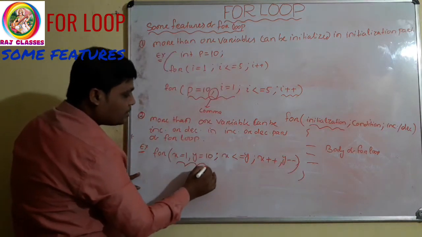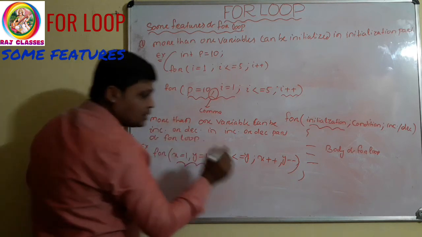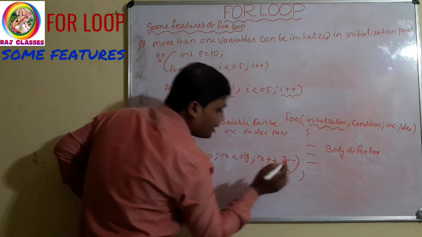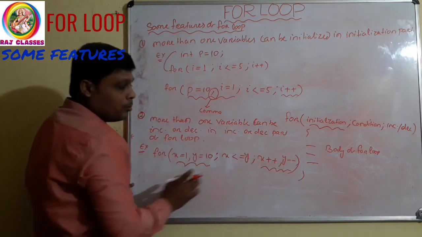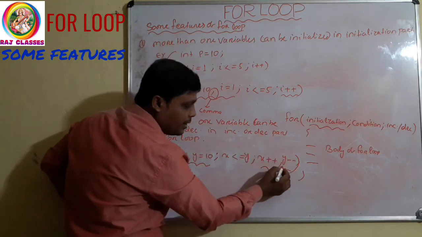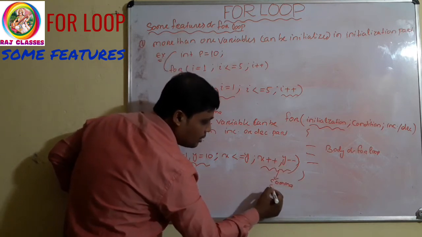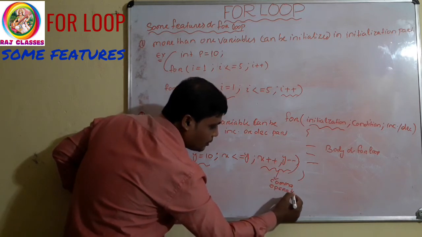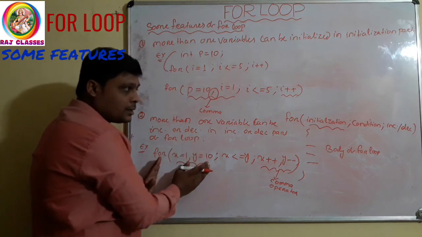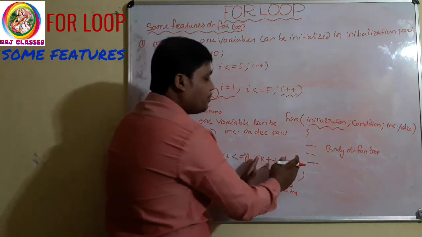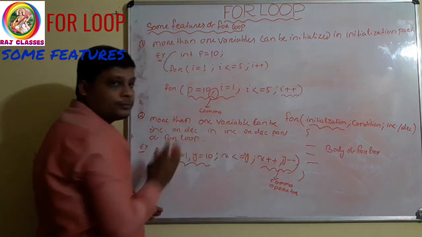Here in initialization part I have done initialization for more than one variable. Same in increment decrement part I have incremented or decremented more than one variables. But those statements will be separated by same comma operator. So more than one variables can be initialized in initialization part. More than one variable can be incremented or decremented in the increment or decrement part of for loop.